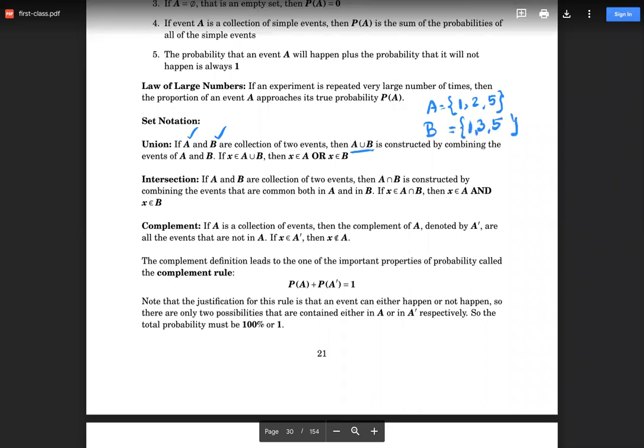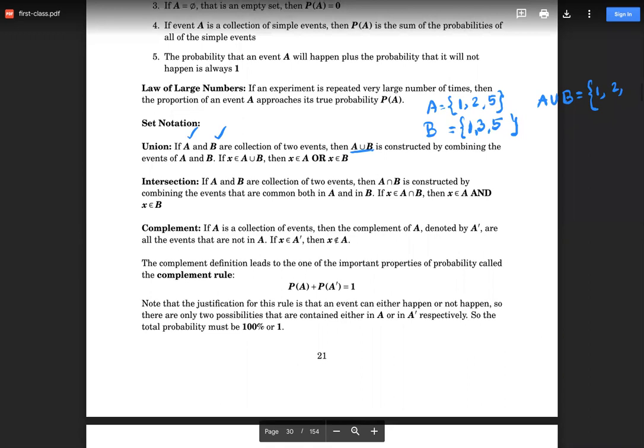Then the union of these two sets is going to be {1, 2, 3, 5}. Even though 5 appears in both of these sets, you do not write it twice. It's just the presence itself that counts, okay?